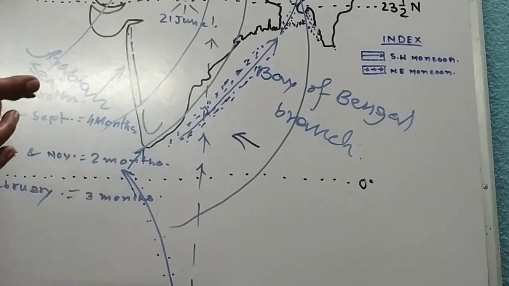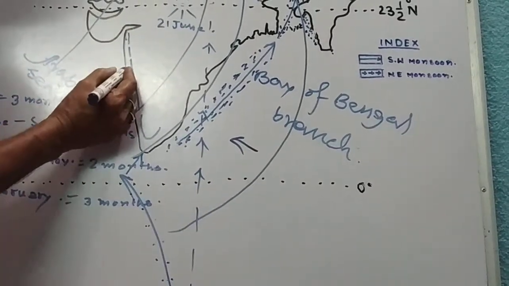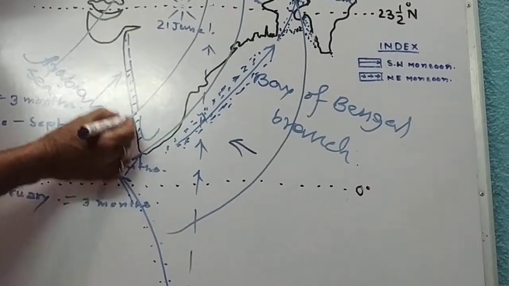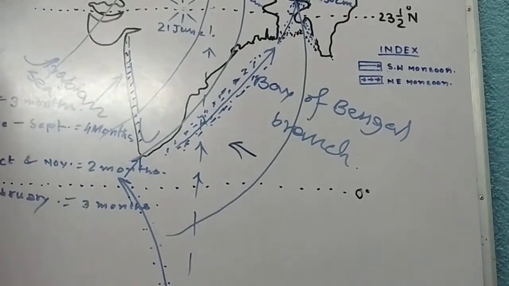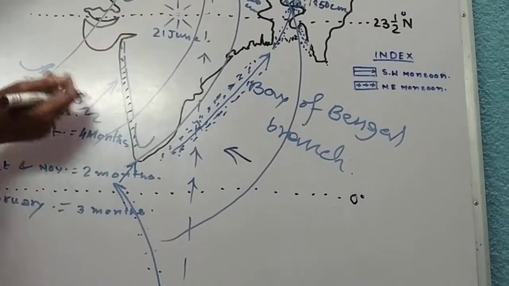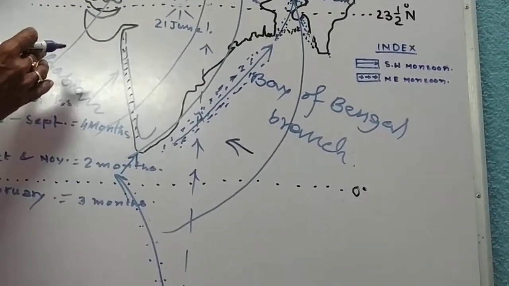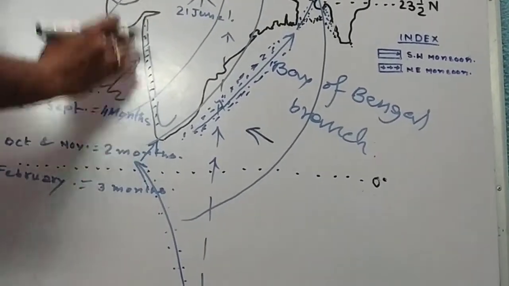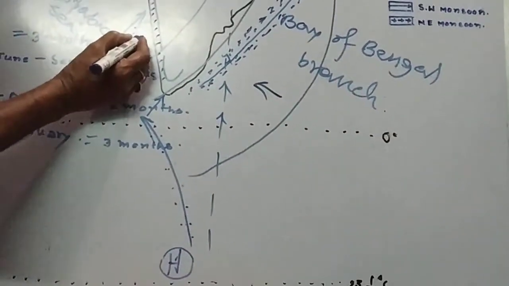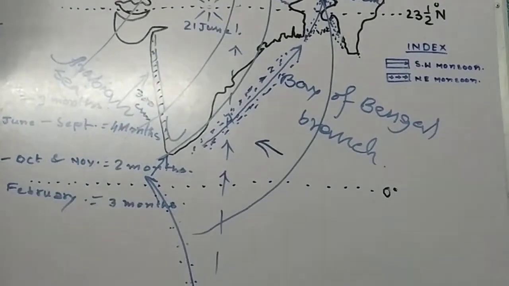The western slope of the Western Ghat receives maximum rainfall. Why? Because this Arabian Sea branch gets prevented by the western slope of the Western Ghat. So the western coast along with the western part of the Western Ghat receives near about 300 centimeter annual rainfall.